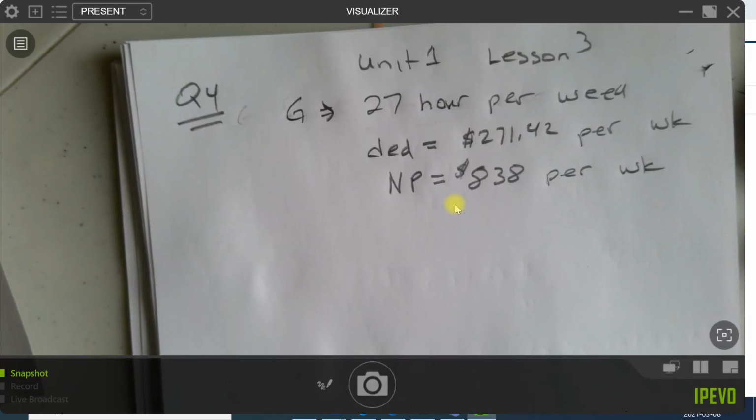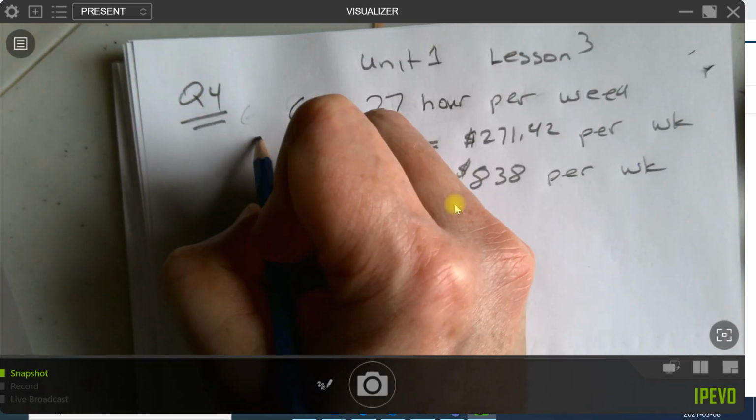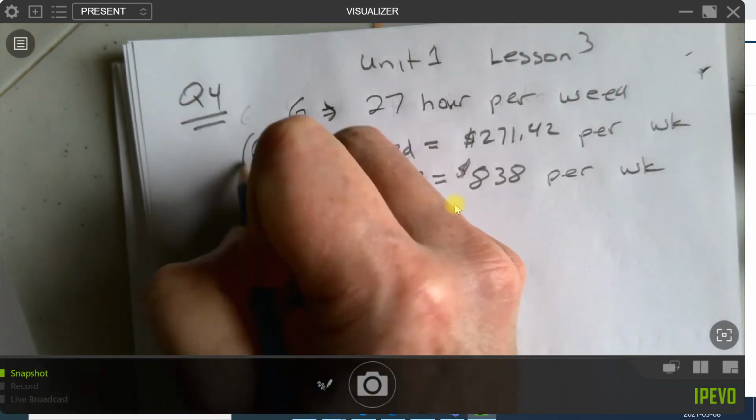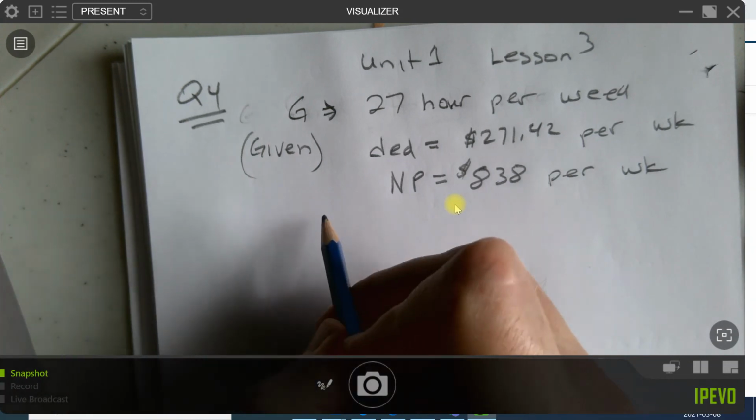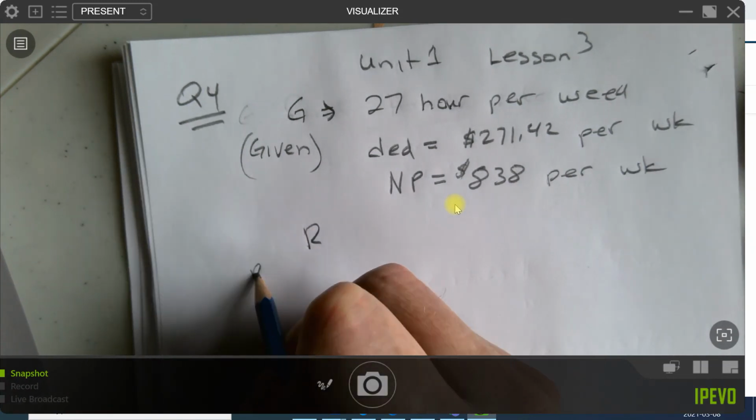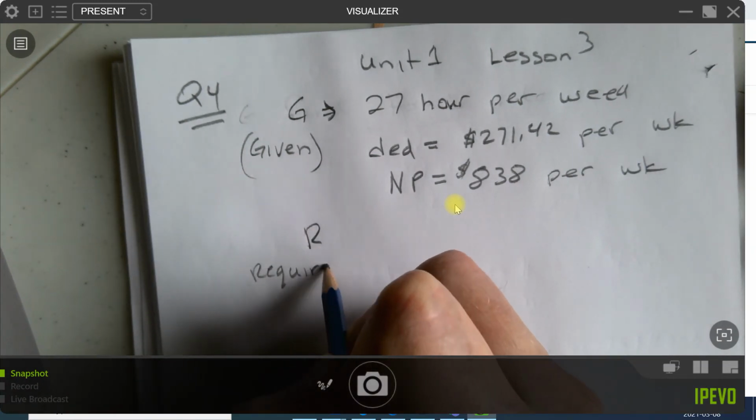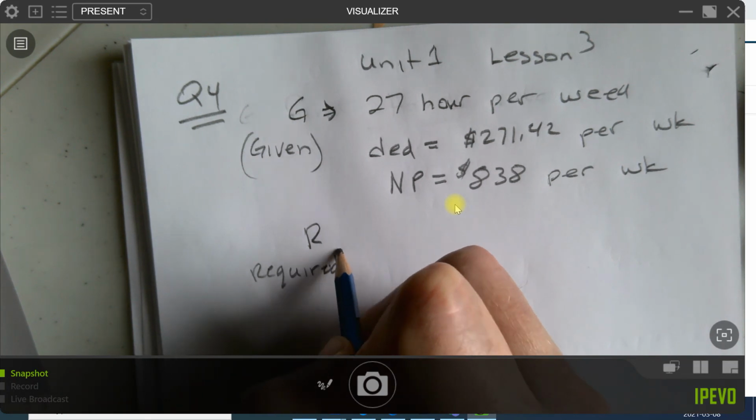So again, question number 4, remember the GRASP method was what's given, right? We've learned the GRASP method before, given. So this is all that was given. So what was required?